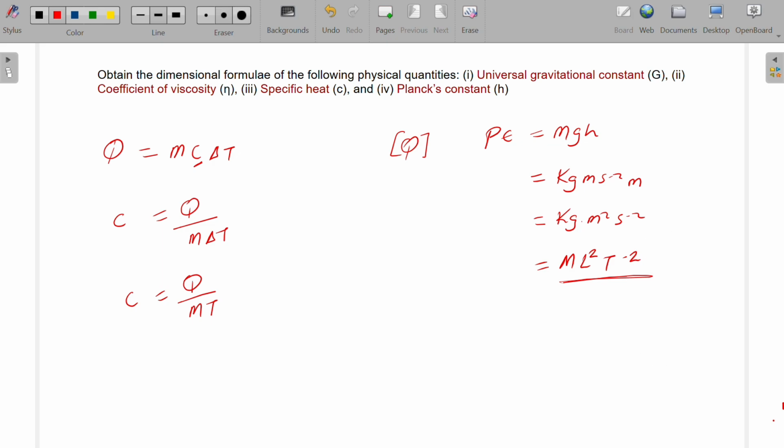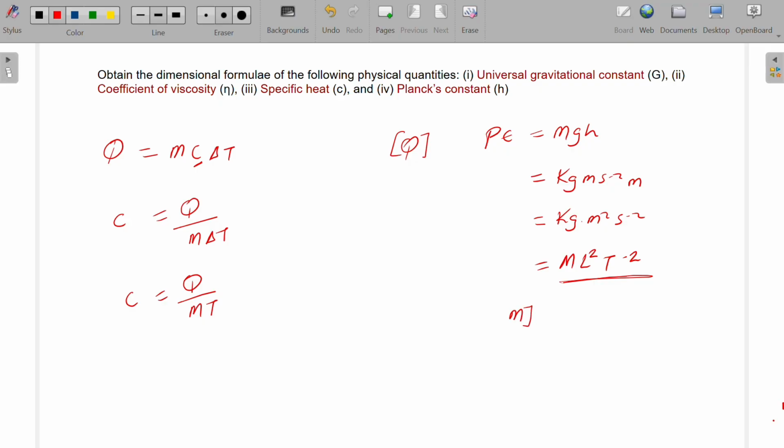So these are the dimensions we have for energy: M, L to the power of 2, then T to the minus 2.